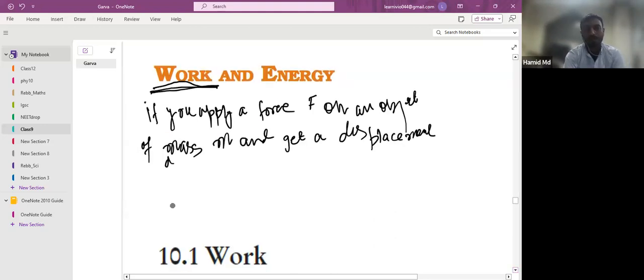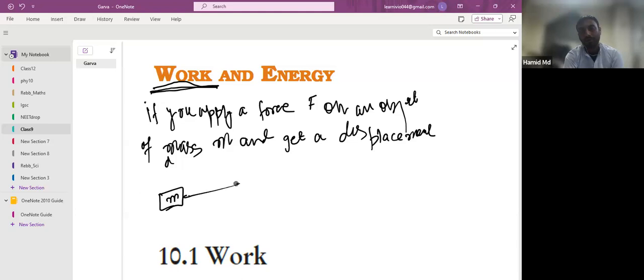This is an object of unit mass, and you are applying 1 Newton force on it, and this object gets a displacement of unit length. So what will it be?